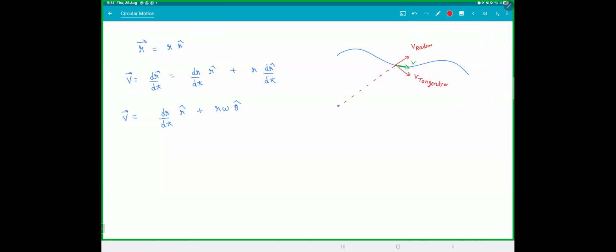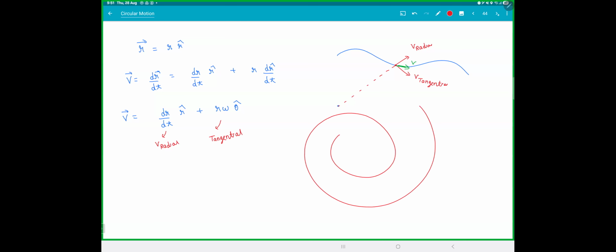So this here, dr by dt, is your radial velocity. We never encountered this thing because the radius of the circle used to be constant, no? When the particle is going in a circle, the radius is constant. So that term used to become 0. We used to get only r omega. R omega is your tangential velocity. So if the radius of the circle is not constant, if the particle is going in some kind of spiral, then r is also changing. Then you also have a radial velocity.